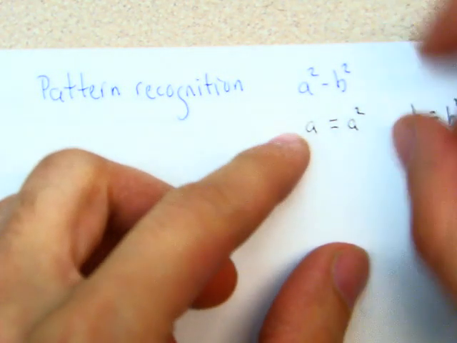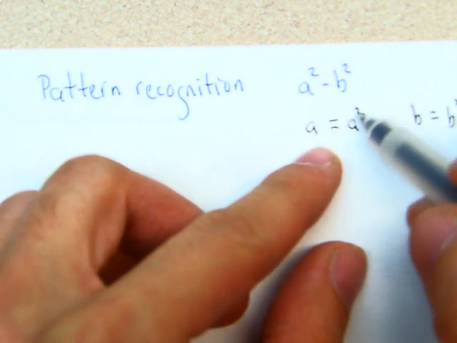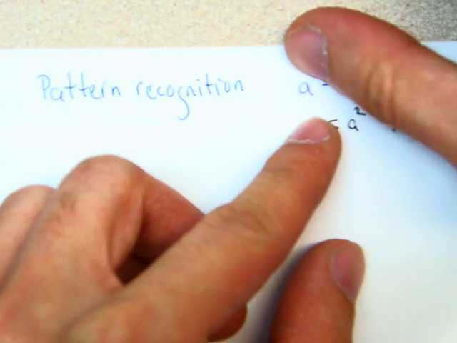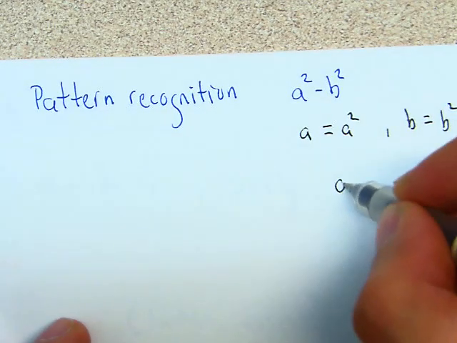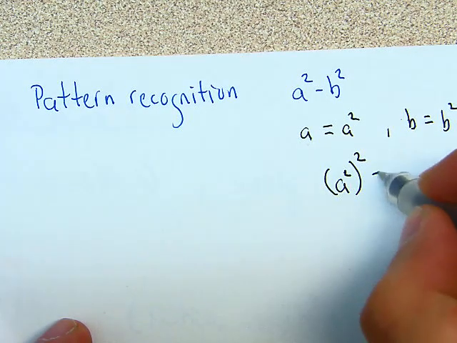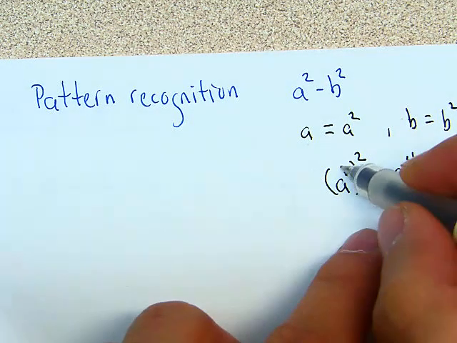We're going to let a equal a squared, and we're going to substitute that a squared into this a. So what will happen? You have a squared squared is equal to a to the fourth, right? It's equal to that a to the fourth, so we're okay.